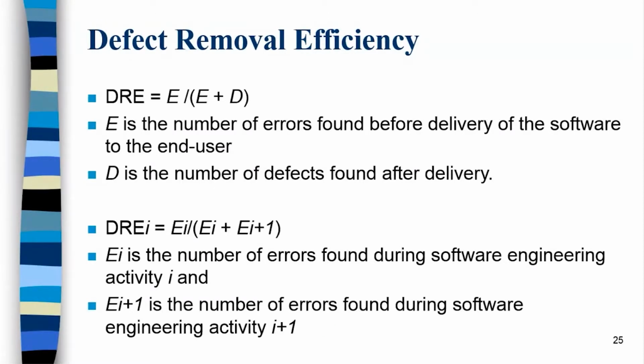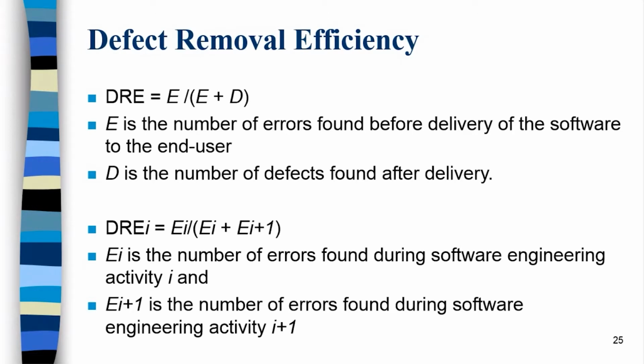Also, we have to make sure that the errors we find in any particular activity of our software engineering process should not be allowed to go further into the next activity, the next framework task. We can keep track of that.